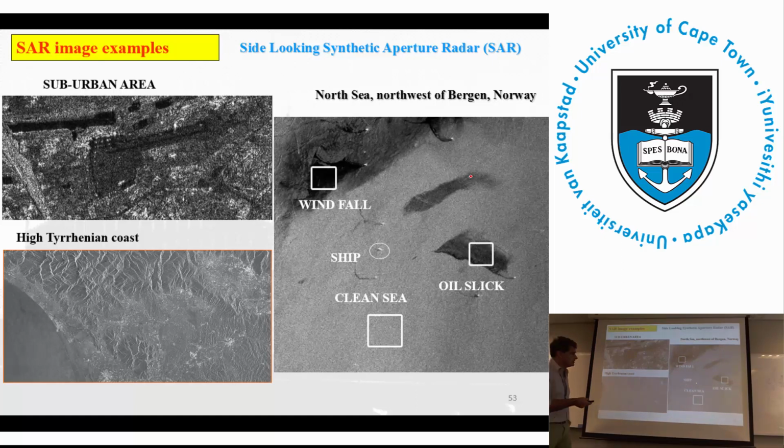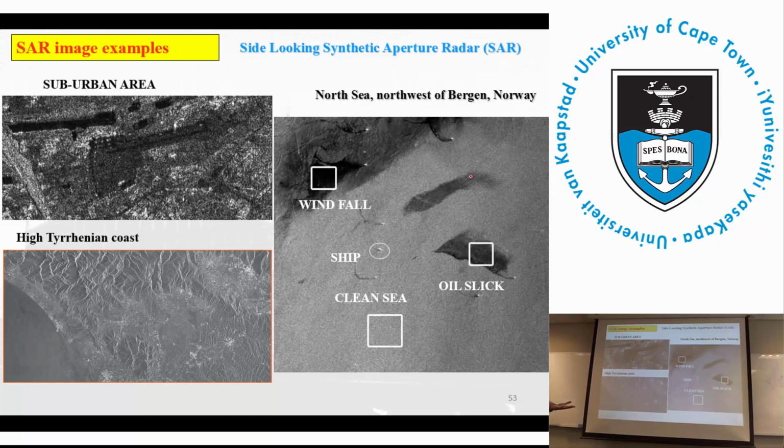How do you see that this is a ship? Well, I know that it's a ship and it's not easy to see it, but you see this bright return from this small area here. And if you zoom in, if you've got enough resolution, you can recognize the ship features. It's hard to distinguish a windfall from an oil leak because they both decrease the reflectivity of the sea surface.